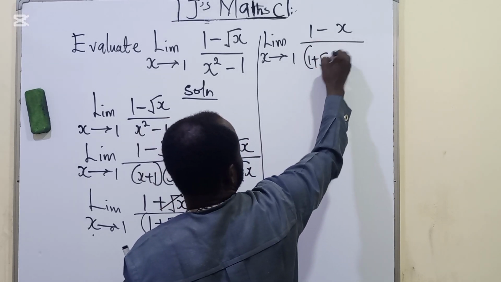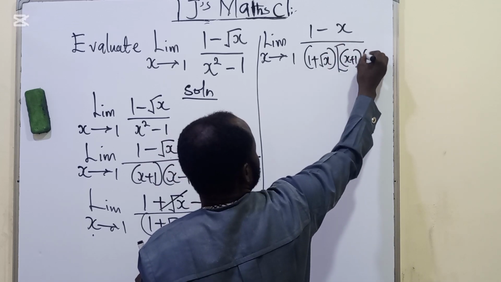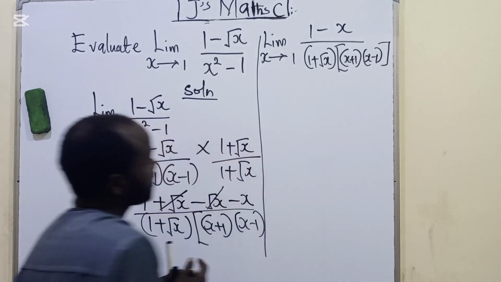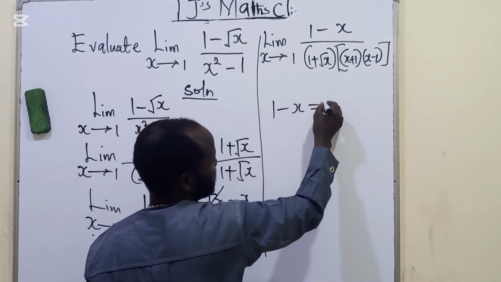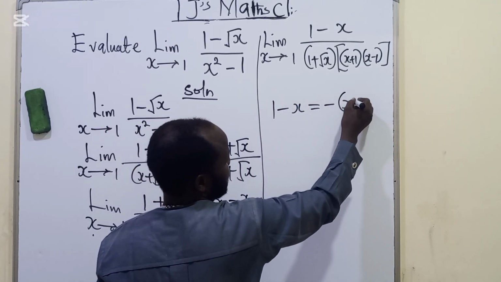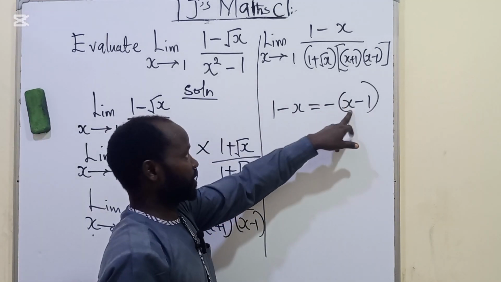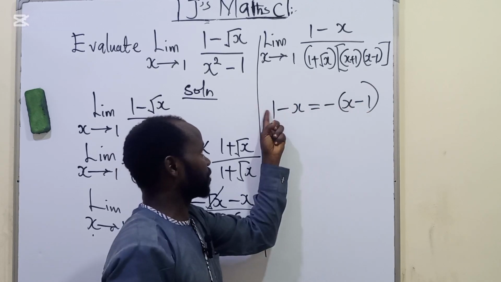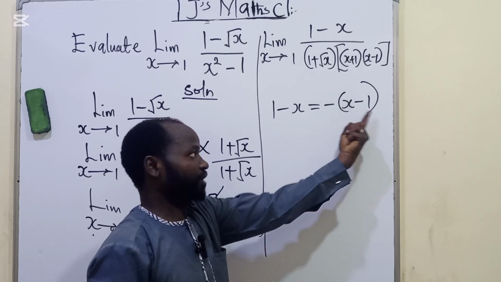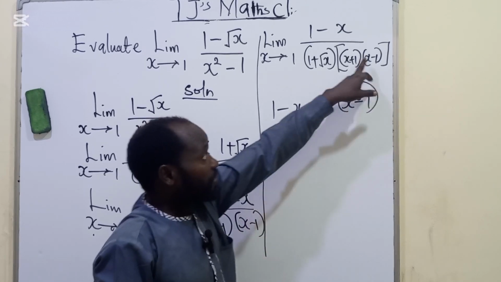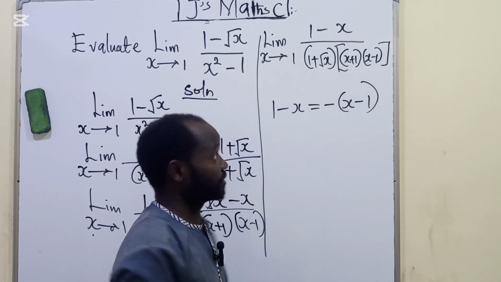We can adjust 1 minus x as minus (x minus 1). Very important. Minus times x is minus x, and minus times minus 1 is plus 1. So in place of 1 minus x, we replace it with minus open bracket x minus 1. The reason is that we will then have x minus 1 in the numerator and x minus 1 in the denominator, so that we can cancel out.